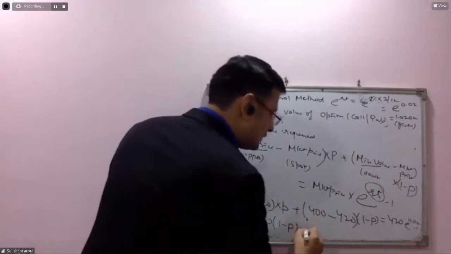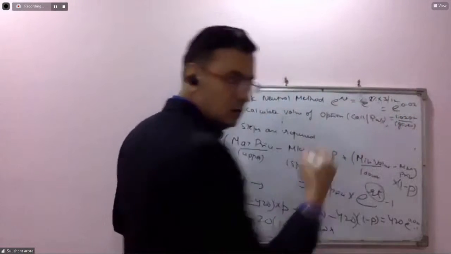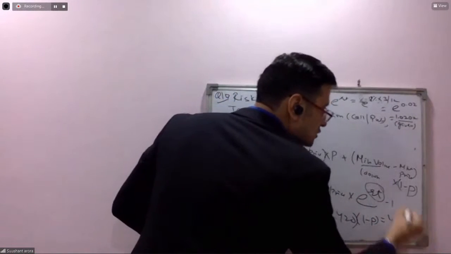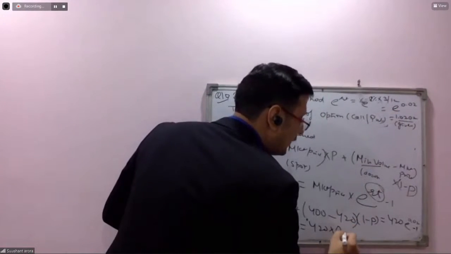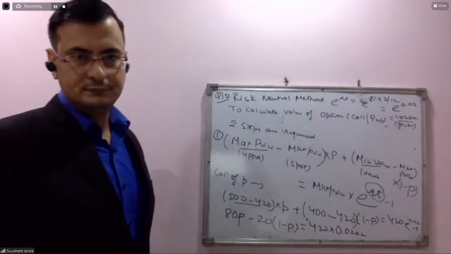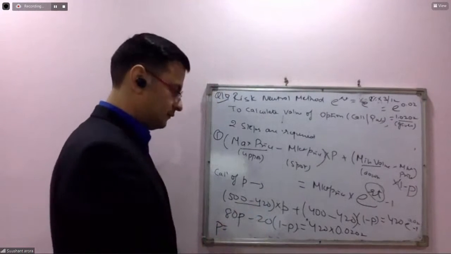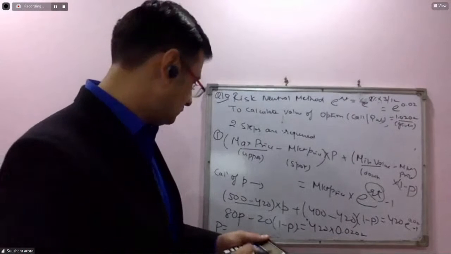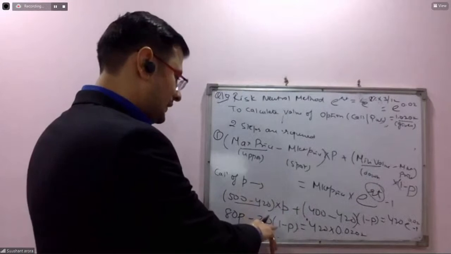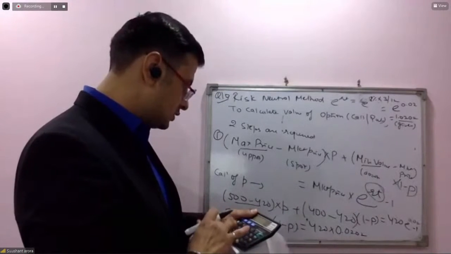Okay, is equals to 420 into 1.020 minus 1, so we have to reduce the 1 from here, so this will become 0.0202. Clear? And then you will get finally the value of P. So 80P minus 20 plus 20P becomes 100P, multiply by 420 into 0.0202.